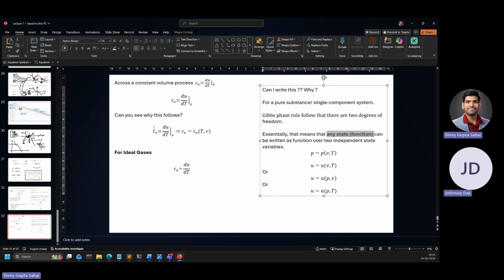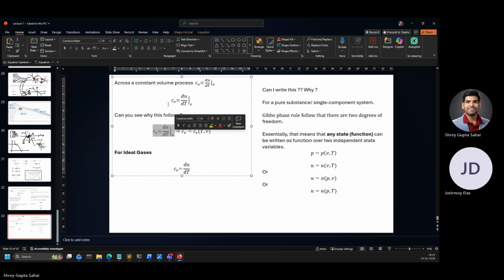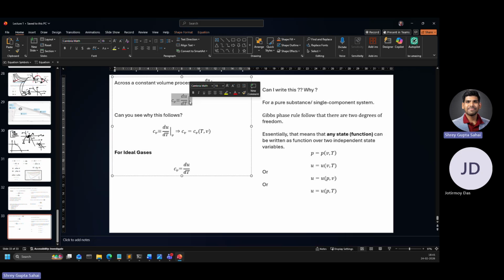Now let's go back to our discussion here. Note how CV is a function of u. It's a slope, right? It's a slope of how u varies with temperature along constant volumes or constant densities. What do you think? Is CV a state function or not? Let me ask this assertion.